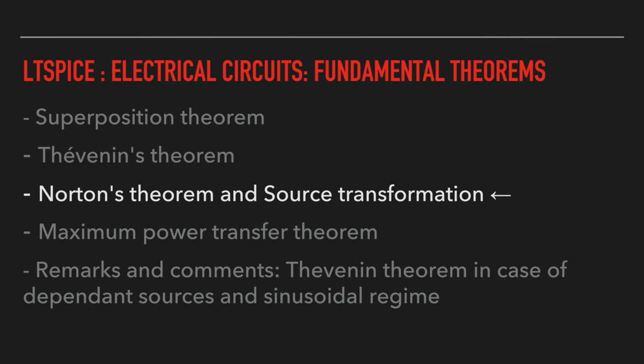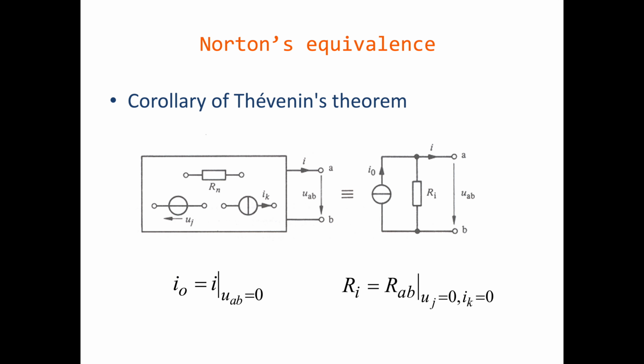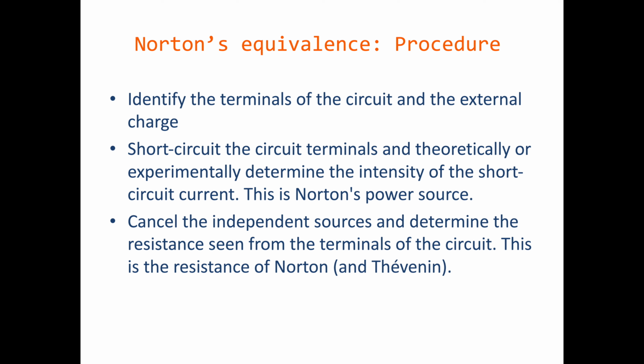Norton's equivalence tells us that we can replace a complex circuit with resistors, voltage sources, current sources, etc. by a simpler dipole, here a real current source, so with an ideal current source and an internal resistance in parallel. The procedure for Norton equivalence is as follows.